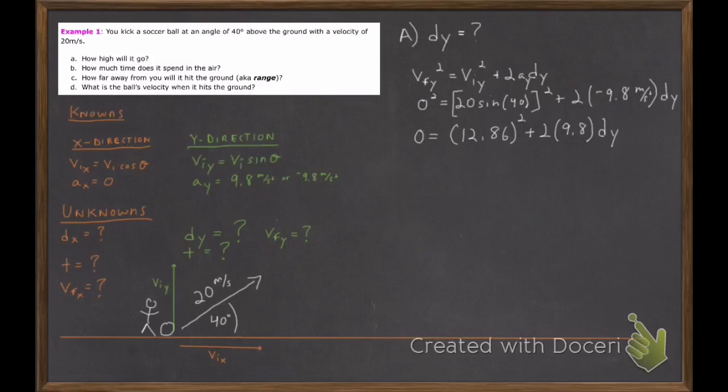When we further break it down, we get that 0 is equal to 165.27 plus 19.6 dy. Finally, since we have to separate so that we get dy by itself, we subtract 165.27 from one side.